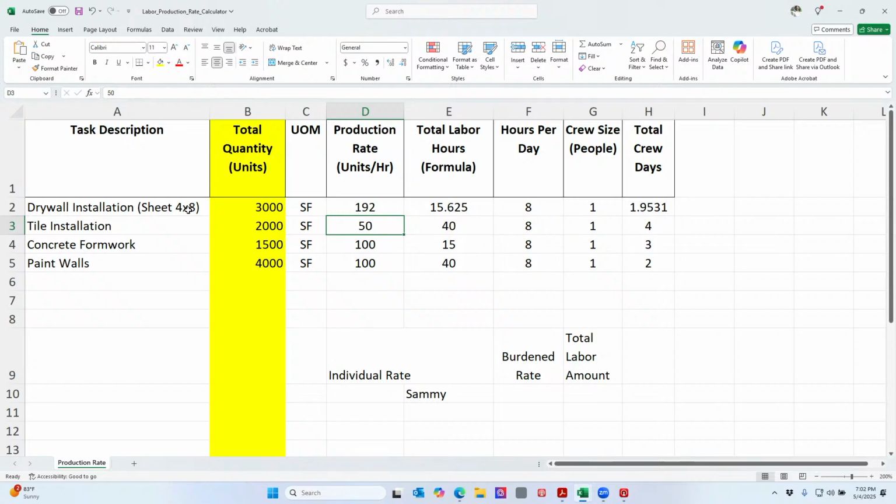Okay, so if I can do 192 square foot per hour, and I have 3,000 of them, all I need to do is divide 3,000 by the 192. Okay, that's all I have to do, divide the 3,000 by the 192.